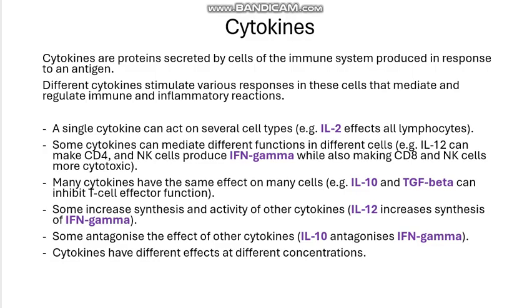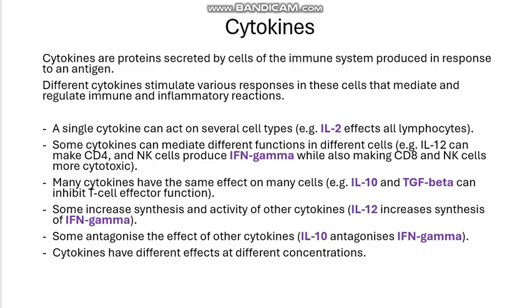Some cytokines can mediate different functions in different cells. So interleukin 12 can make CD4 helper T cells and natural killer cells produce interferon gamma, but it can also make cytotoxic T cells and natural killer cells more cytotoxic. So it's one cytokine, but it has multiple functions.